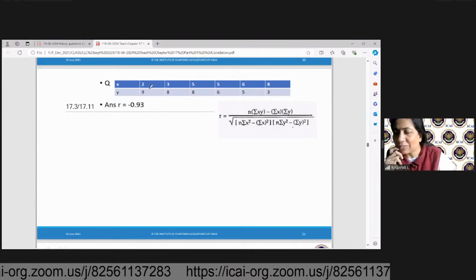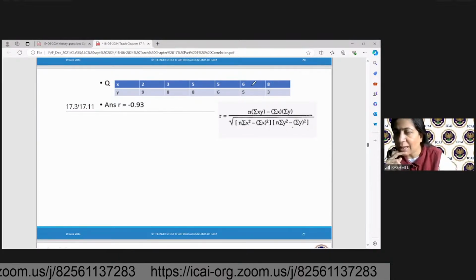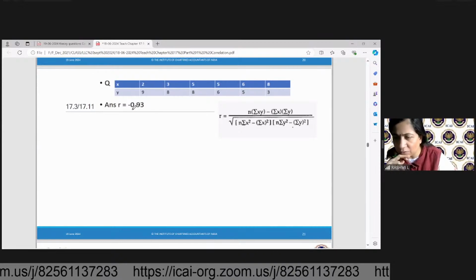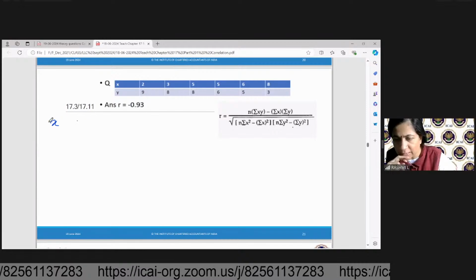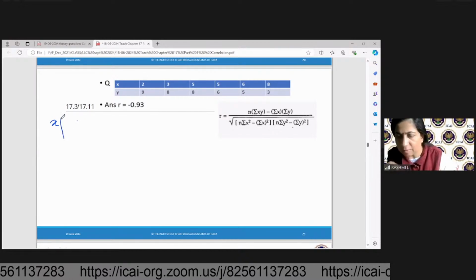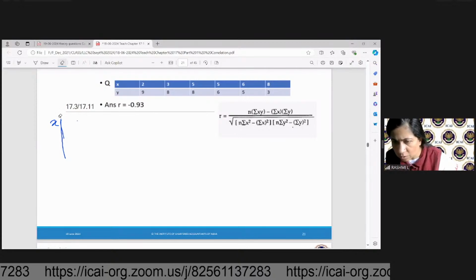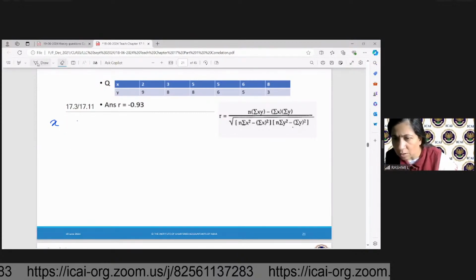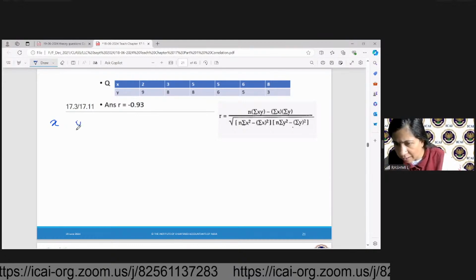Now if you have this kind of x and y, and then you are asked to find the value of r, what you must do is write down your x, then y.